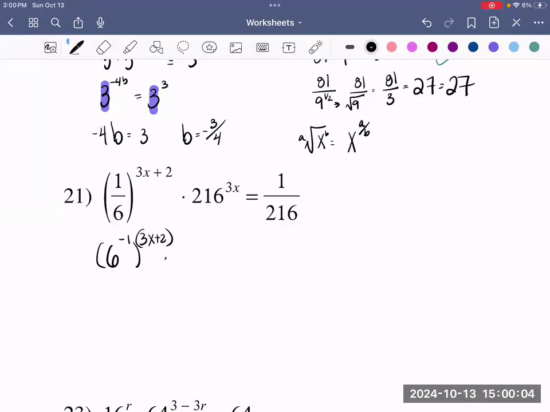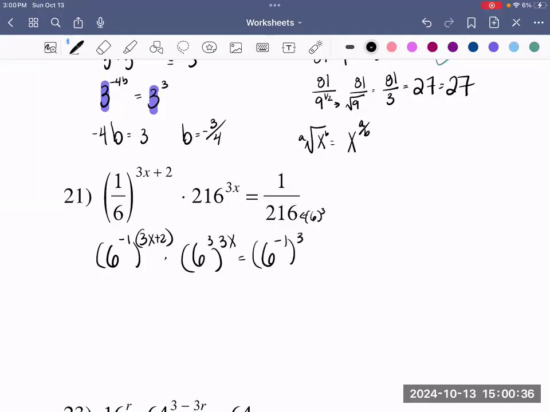Because there's a 6, most likely that's some sort of tip off. We know 6 squared is 36. So maybe 6 cubed is the one to go, and that is actually correct. 6 cubed here is 216. Again, this one is in the denominator, so let's bring it up. So this is really 6 cubed, and we'll bring it up, so now it's a negative.